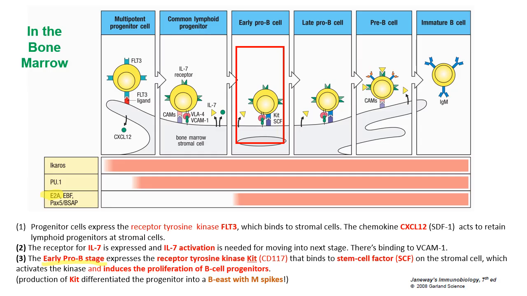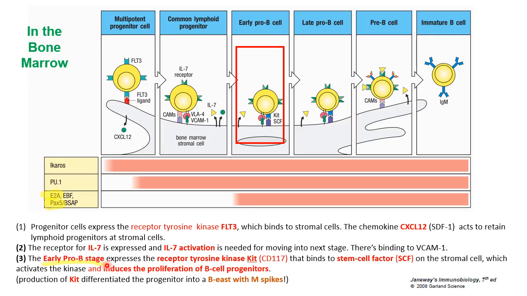And then you're going to have the PAX5. That's what also we have seen before. So E2A and PAX5, those are the transcription factors. They're happening inside of the cell. Okay, so they're being expressed over here. They go to the nucleus. Those are the ones that really commit the progenitor towards a B cell lineage.